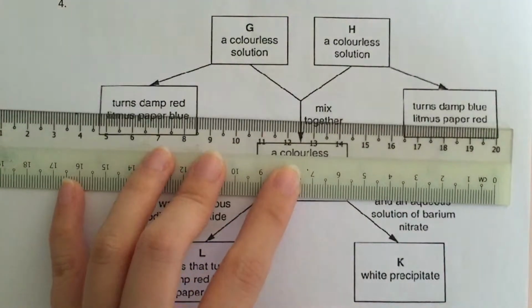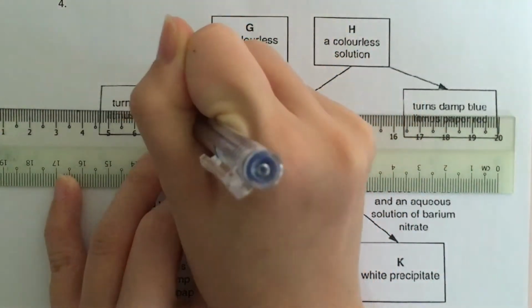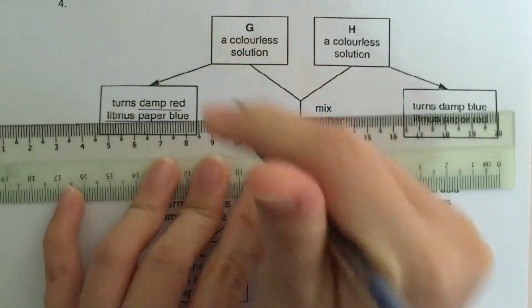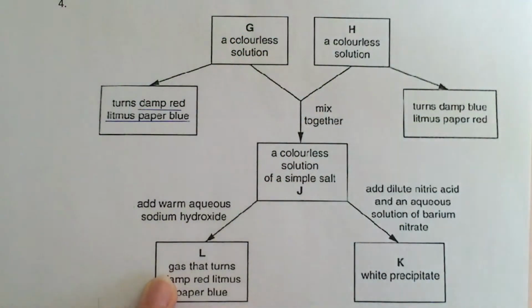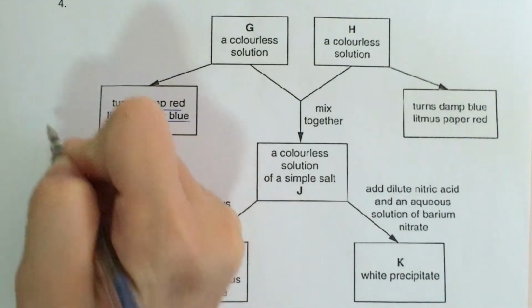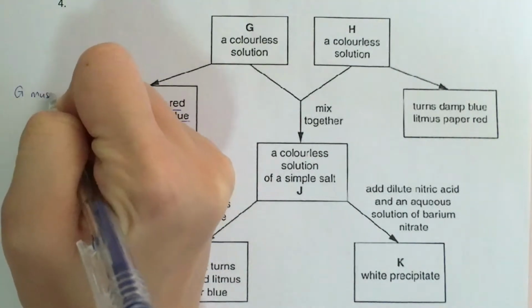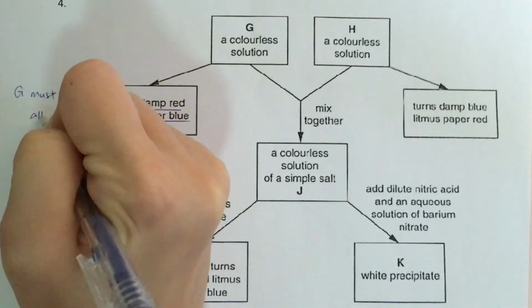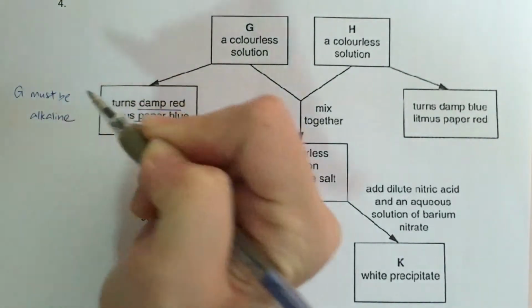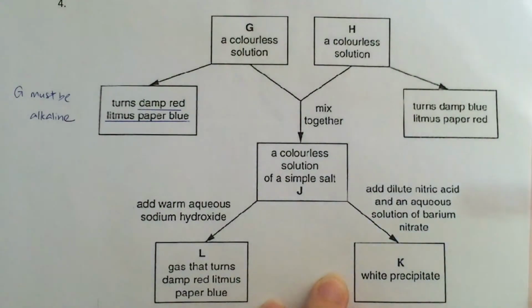Okay, for the next question 4, as we go along, you will find that there is an error somewhere, but let's start with this. Okay, so question 4 says, damp red litmus paper blue. So red litmus paper to blue means that this G must be alkaline.